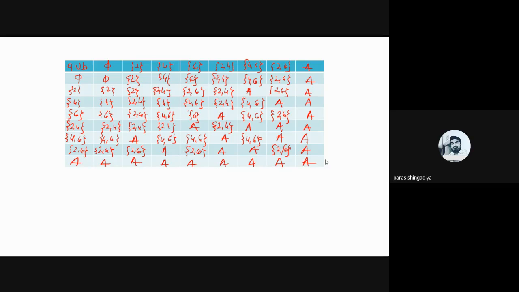And now check the answer of all the values which we derived in each box.